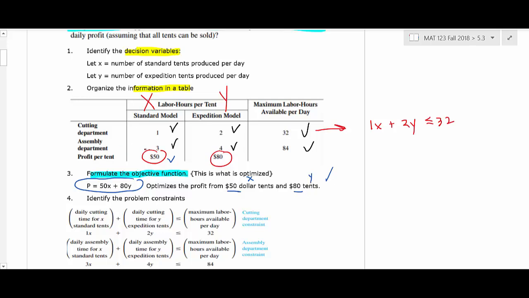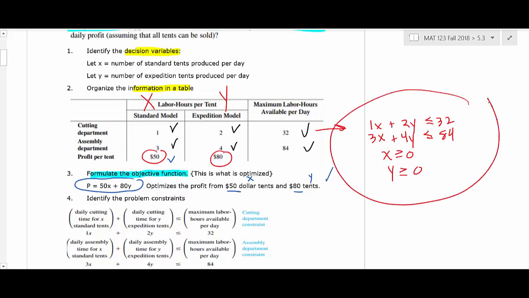The second row is going to say 3x plus 4y is less than or equal to 84, because you have 84 labor hours available in the assembly department. The other thing you're going to have is x is greater than or equal to 0, because x is the number of standard tents. There's no such thing as a negative number of tents. And y is greater than or equal to 0, because there's no such thing as a negative number of expedition tents.